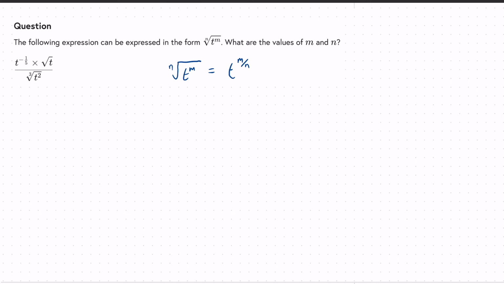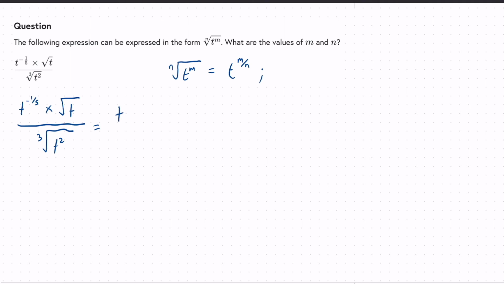Okay, so that's the first law that's important. And then at the top here, right, you can see if I write this down, t to the negative 5 times the square root of t. Well, I can immediately start simplifying this with respect to the law I have at the top.